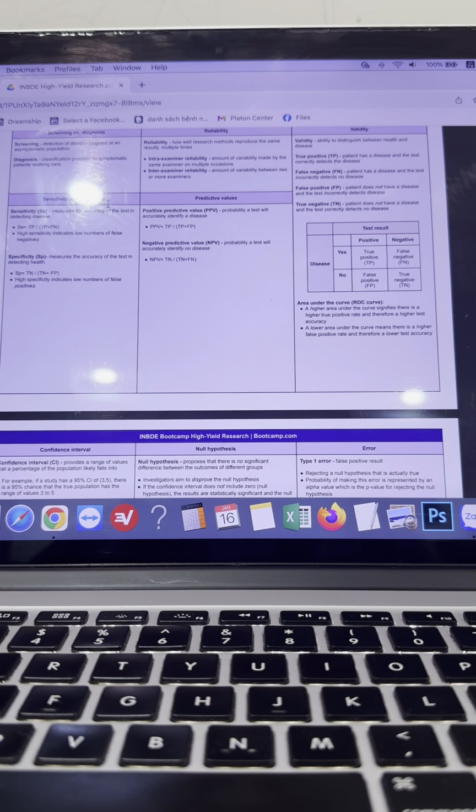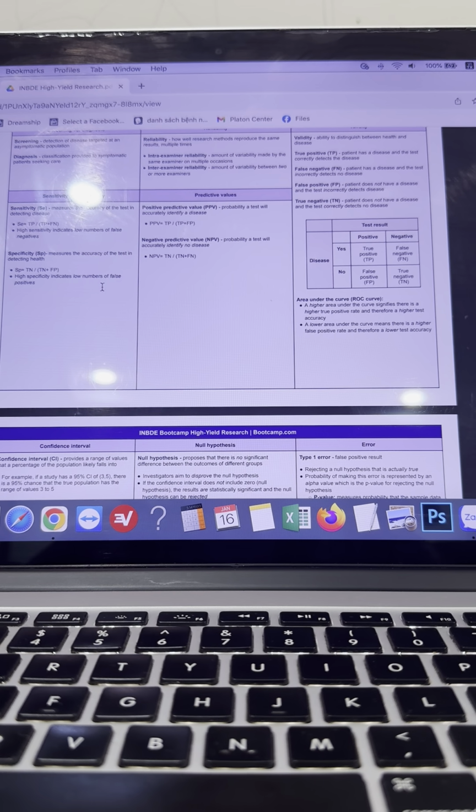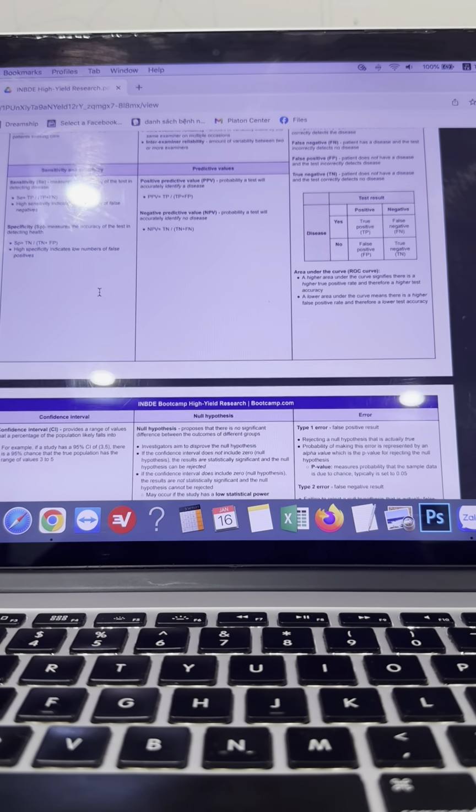Sensitivity measures the accuracy of the test in detecting disease. High sensitivity indicates low numbers of false negatives. Specificity measures the accuracy of the test in detecting health. High specificity indicates low numbers of false positives.